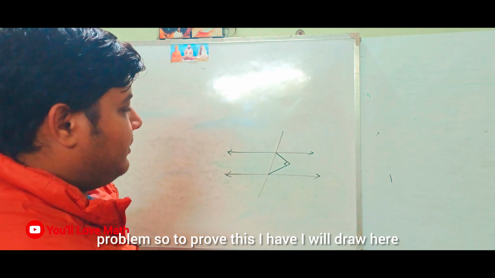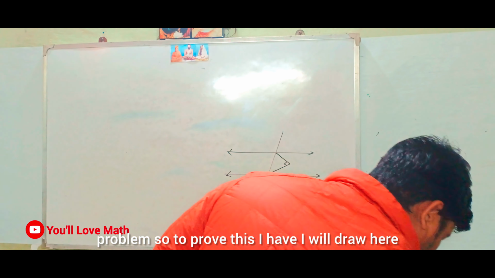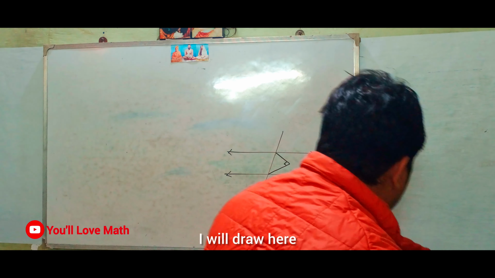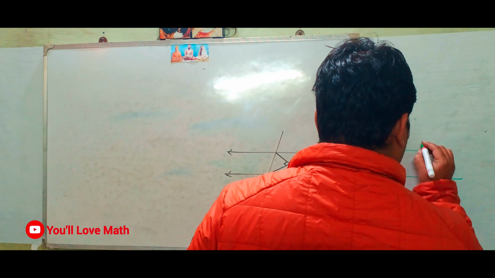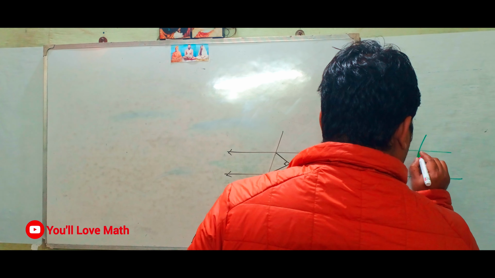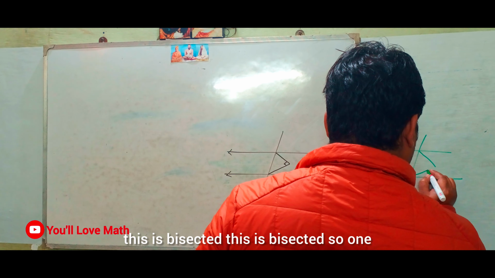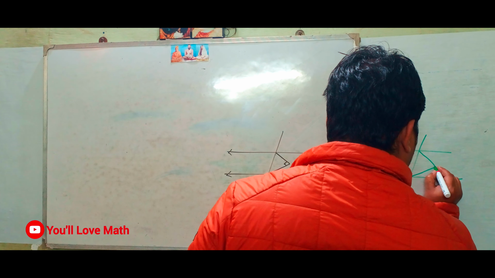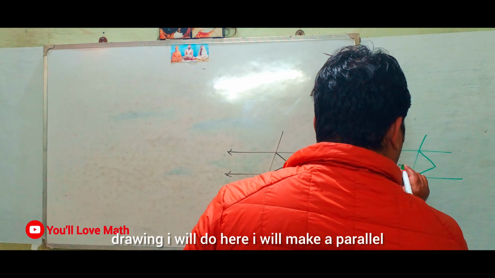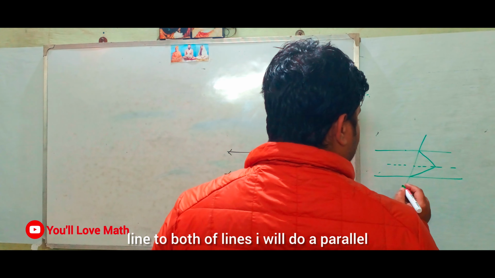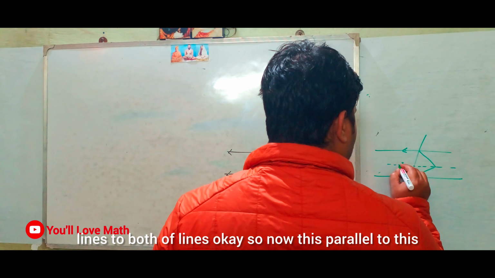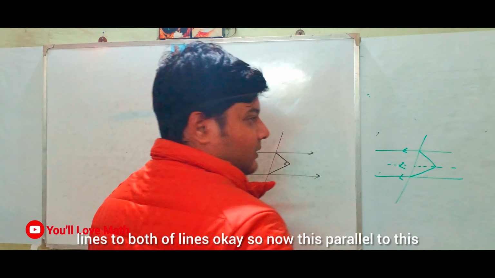So to prove this, I will draw this problem here, and this is bisected, this is bisected. One more drawing I will do here: I will make a parallel line to both of the lines.